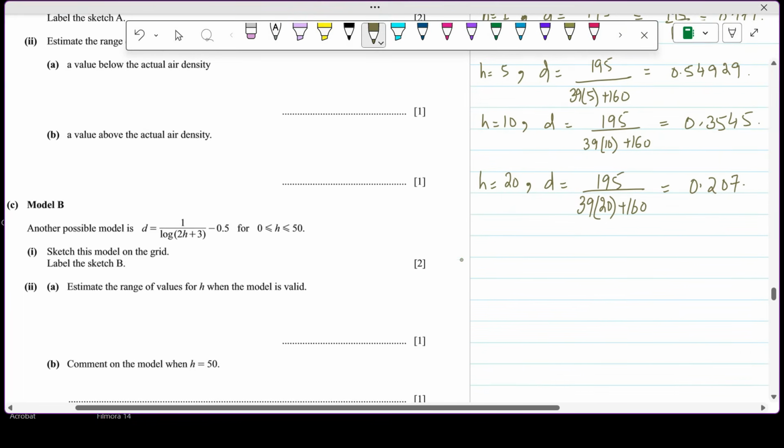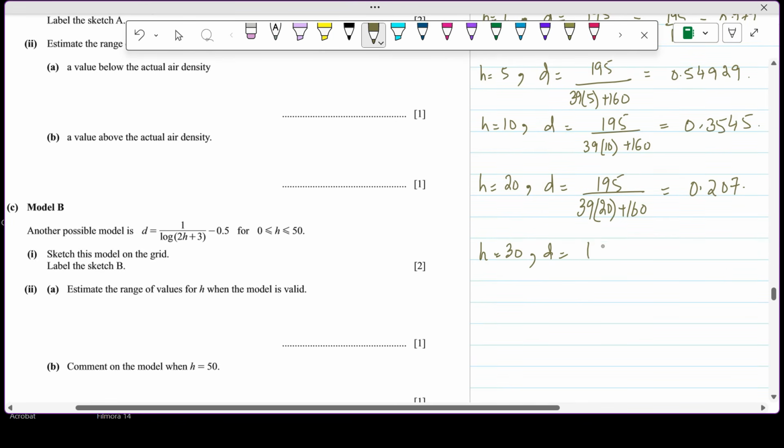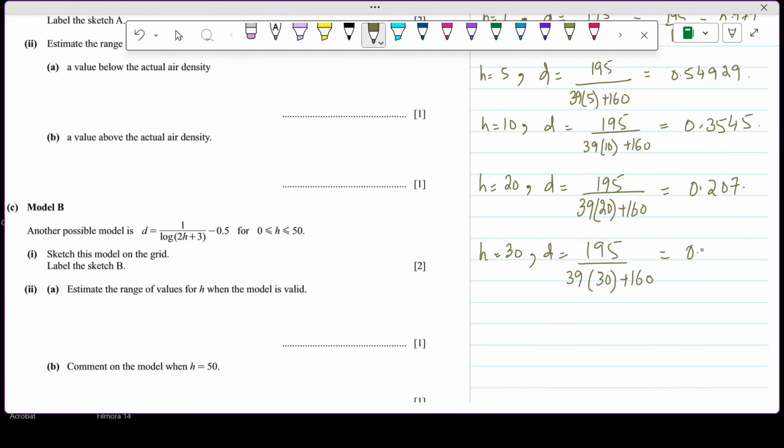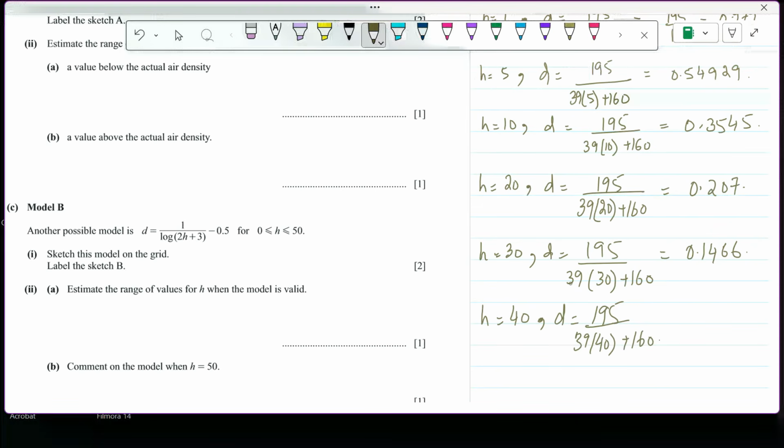Now the height is 30, so D = 195 / (39 times 30 + 160), and this is equal to 0.1466. And when the height is equal to 40, D = 195 / (39 times 40 + 160), and this is equal to 0.1133.